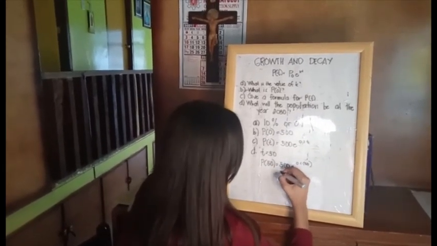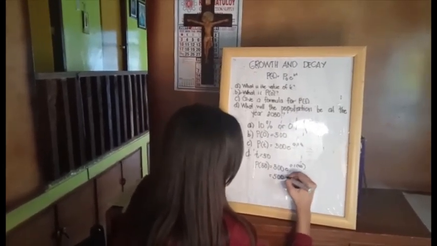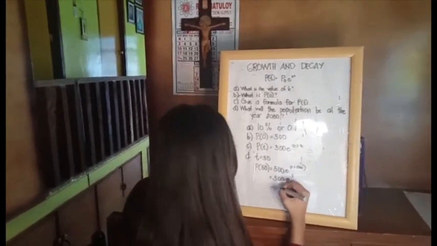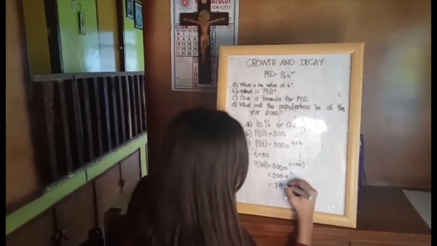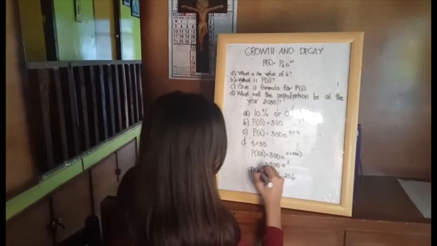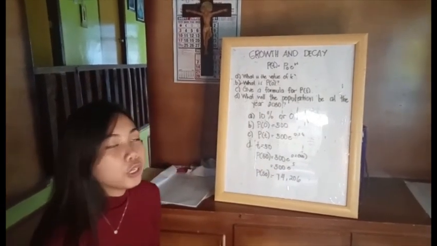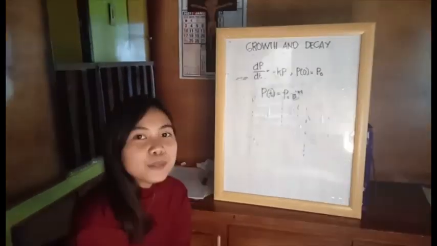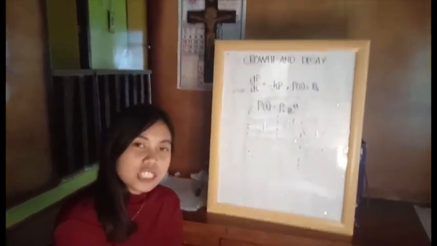So 500 e raised to 5 is equal to 74,206. So the population after 50 years will be 74,206.